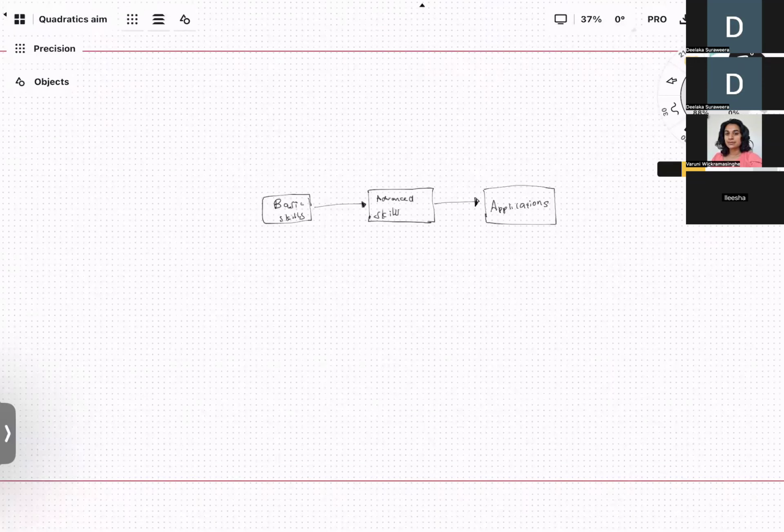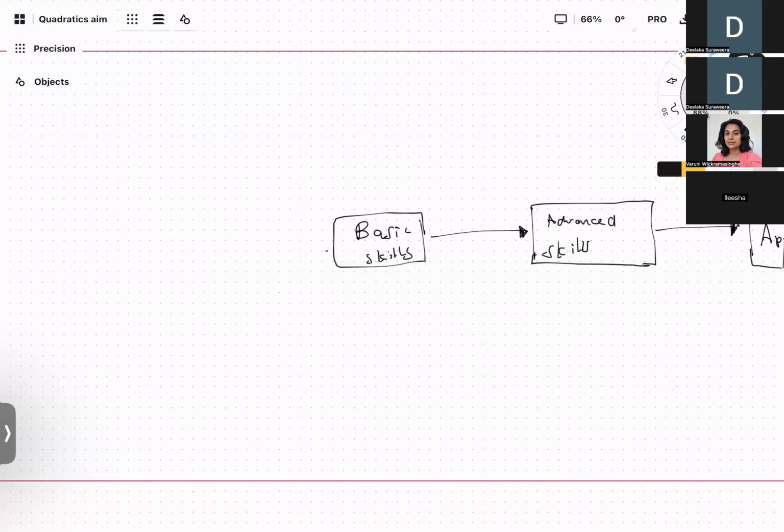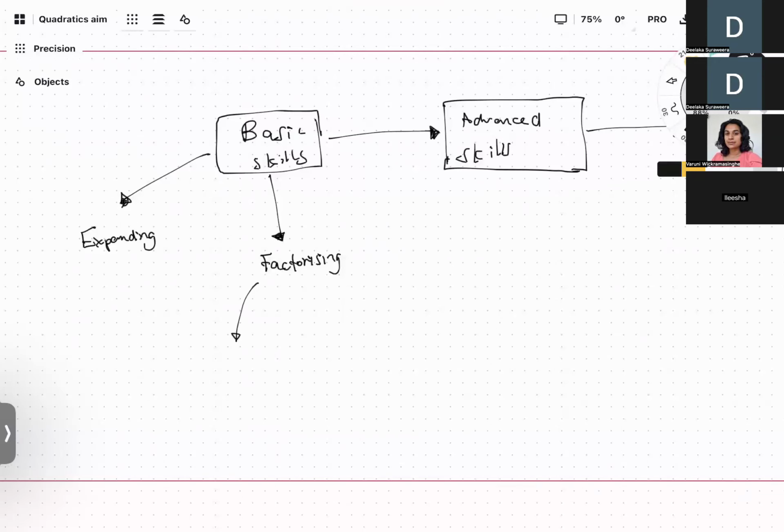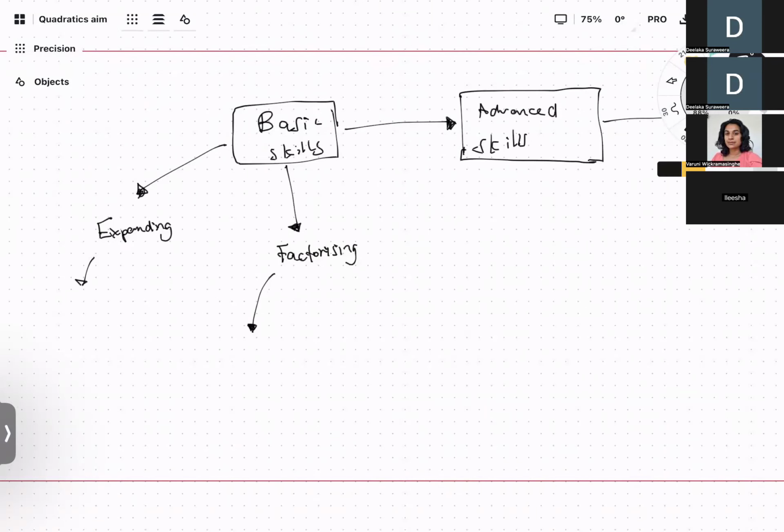Right? So the basic skills that I will be teaching you guys is expanding algebraic things, also factorizing. Expanding's pretty easy to do. I'm sure a lot of this is prior knowledge, but expanding is something like this.